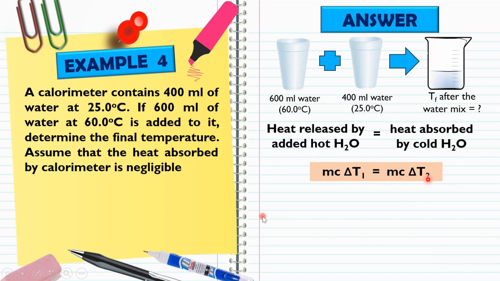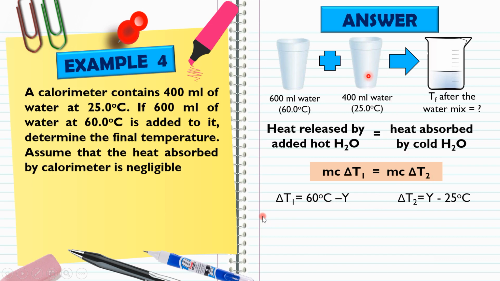But first we have to define what delta T1 and delta T2 are. Delta T1 is the temperature change in hot water. The initial temperature of hot water is 60. When it is transferred into normal water, of course its temperature will drop. So that's why it is 60 degree Celsius minus y. As for delta T2, that is the change in cold or normal water.